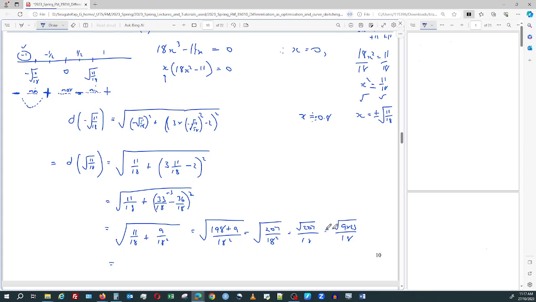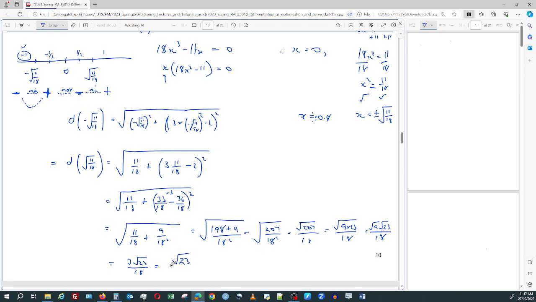So the square root of 9, that can be split into a product. 23 will stay. The square root of 9 is 3. So it'll be 3 root 23 over 18. Now they'll cancel. 3 goes into itself once, and it goes into 18 6 times.